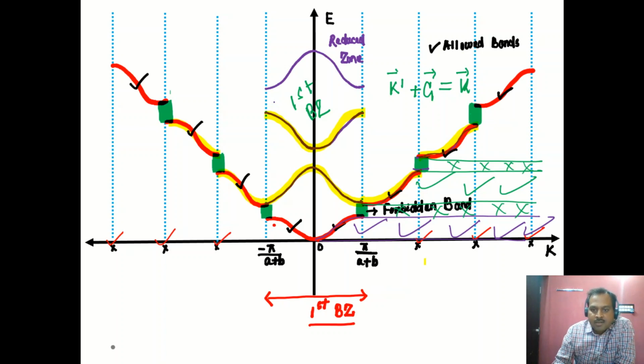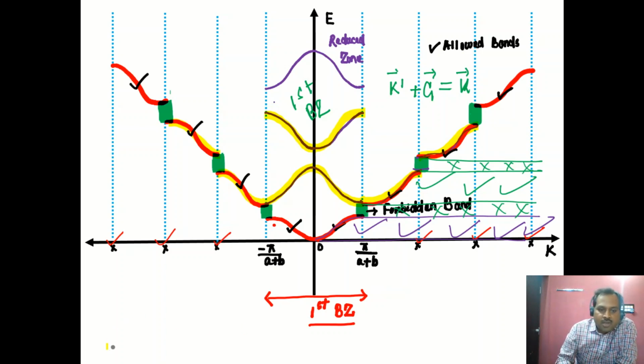Now let us summarize. We saw that by applying a periodic potential of certain strength, we can see the emergence of the energy band gap, and the width of the forbidden band keeps on increasing with the increase in the order of the Brillouin zone.